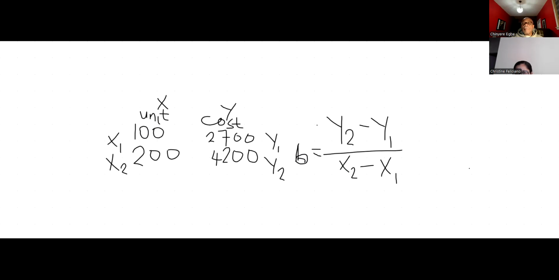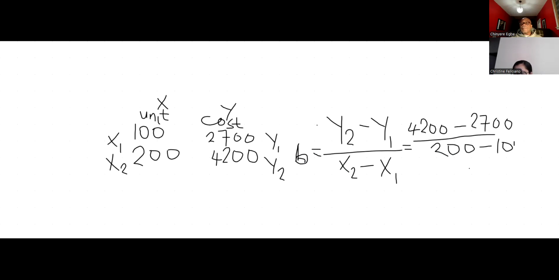So we're dealing with 4,200 minus 2,700 over 200 minus 100.